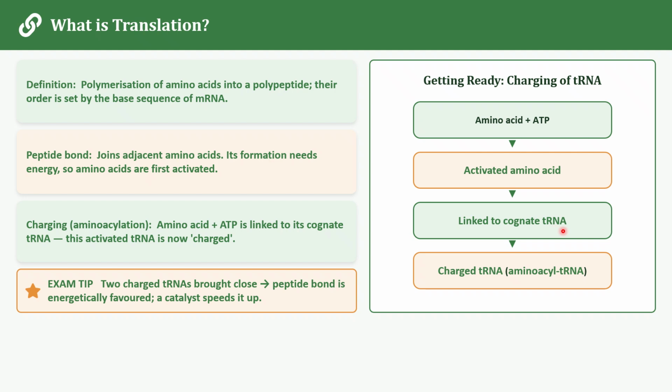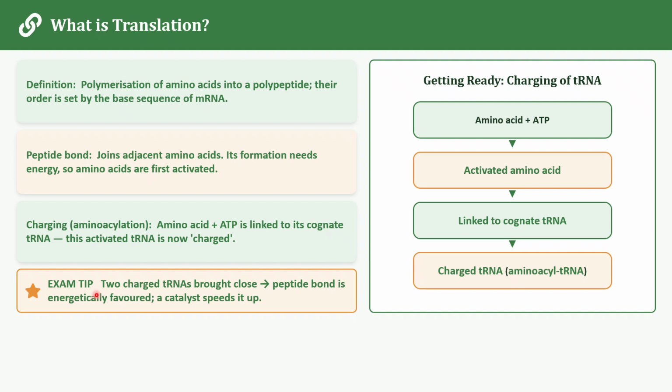Once it is attached to the tRNA, it is called charged tRNA, also known as aminoacyl tRNA. So this process can be understood as amino acid plus ATP giving activated amino acid, which is linked to the cognate tRNA, forming the charged tRNA or aminoacyl tRNA. This charged tRNA is now ready to participate in the translation process.